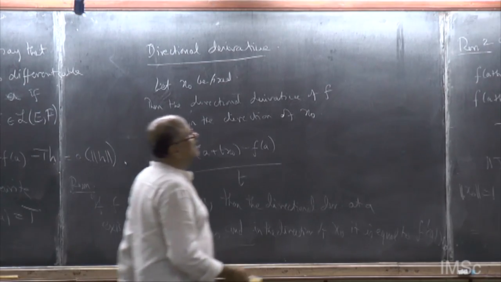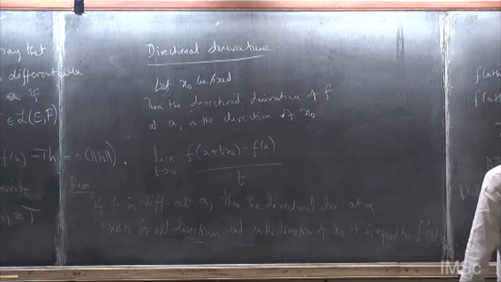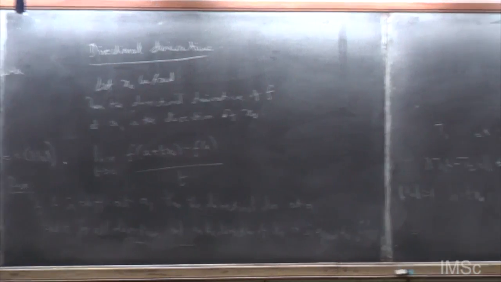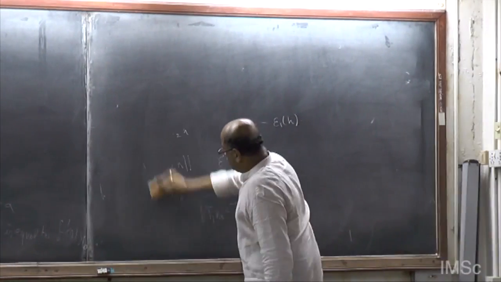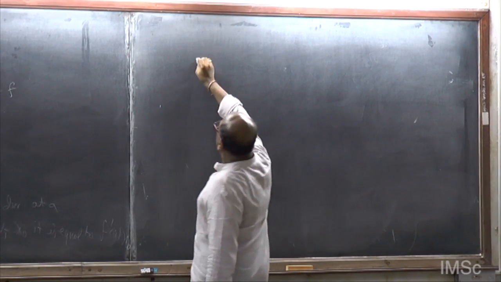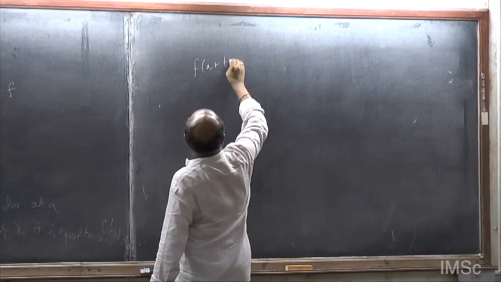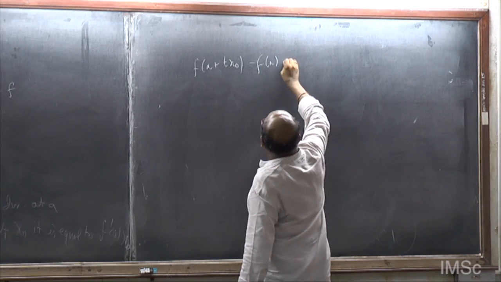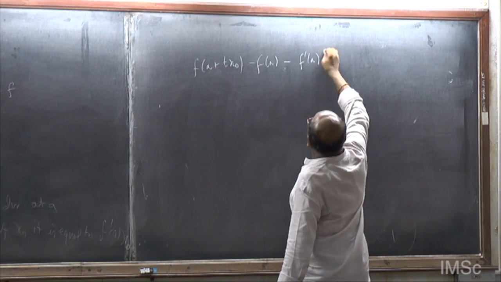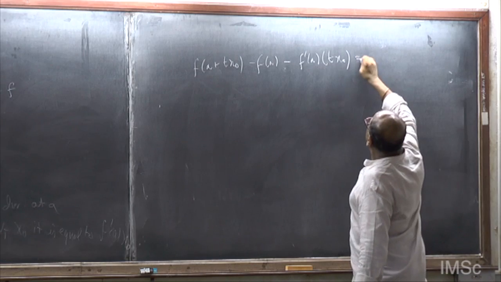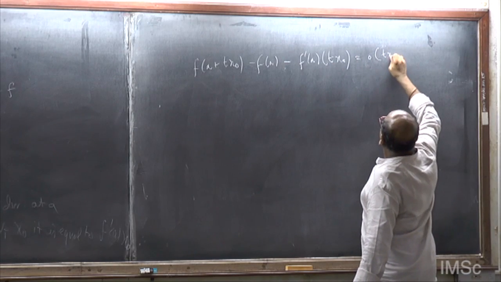Why? Because if we take f of A plus t x naught minus f of A minus f dash A evaluated at t x naught, this is little o of t x naught.